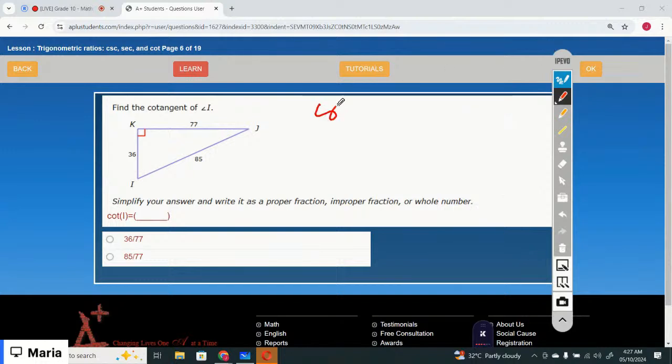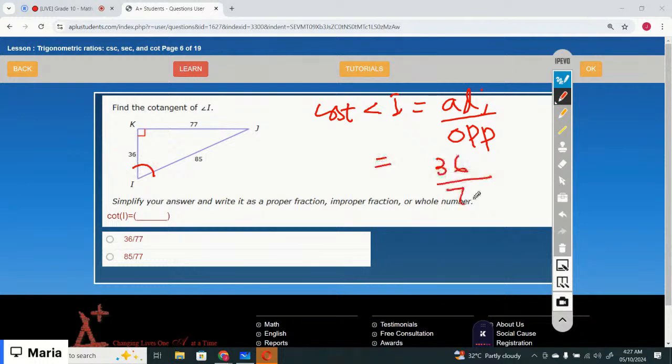So that is cotangent of angle I, right? That is adjacent over opposite. Sorry, here is I. So adjacent to I is 36 and opposite is 77. So the correct option is 36 by 77.